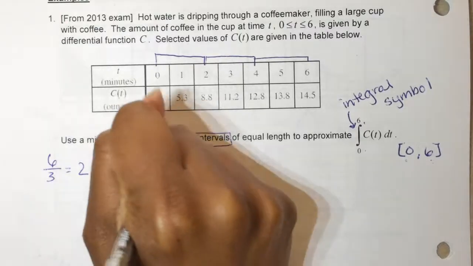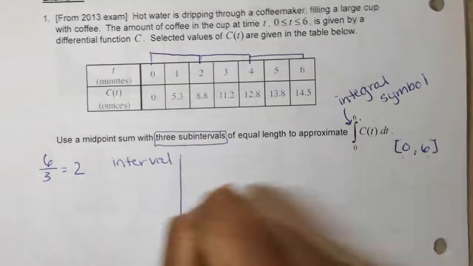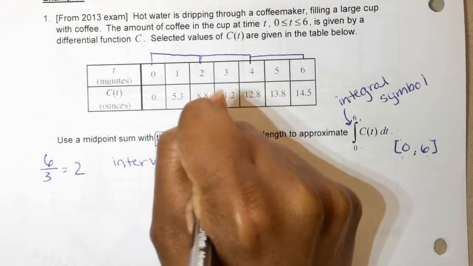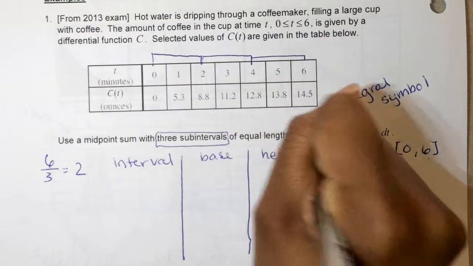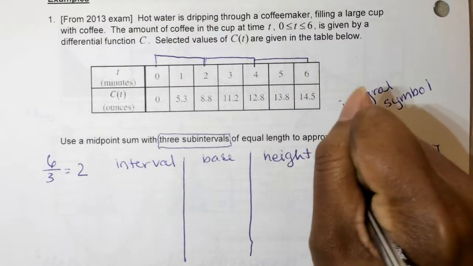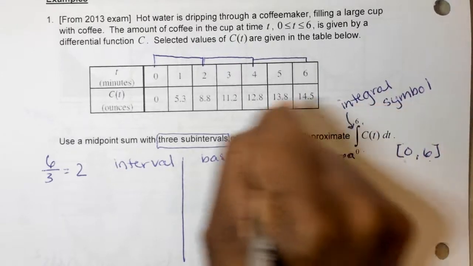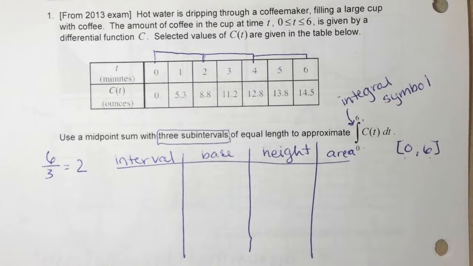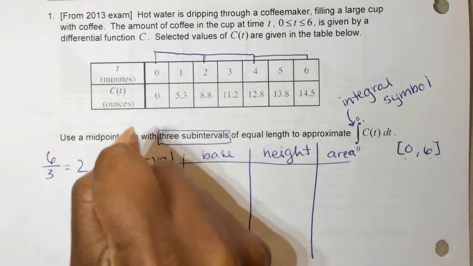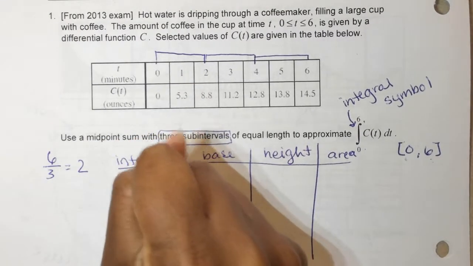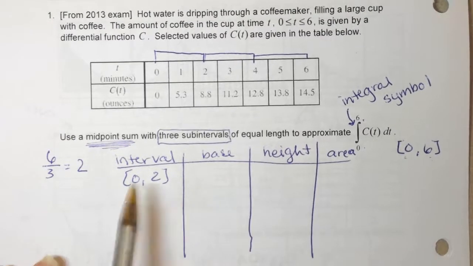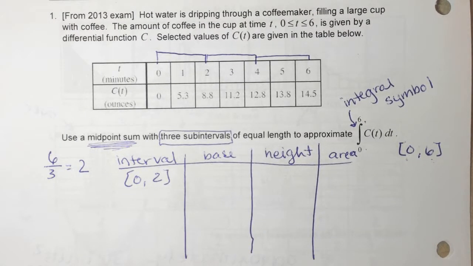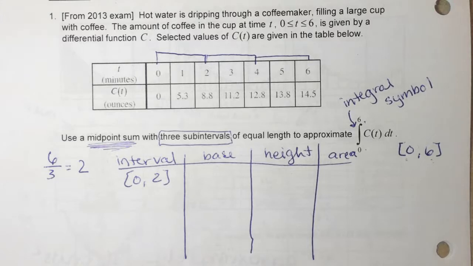So if we make a quick chart: interval, base, height, area. We know that our first subinterval goes from 0 to 2. And we want to use the midpoint sum, so we want the midpoint between 0 and 2 to help us find our height.